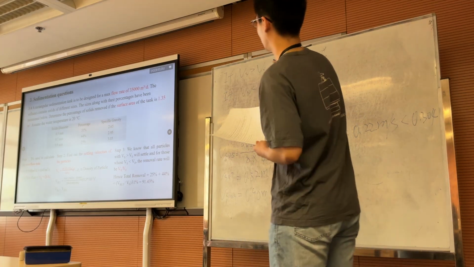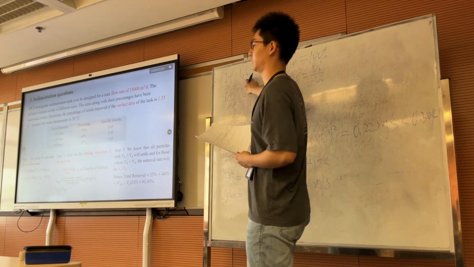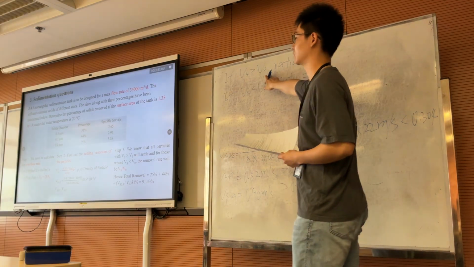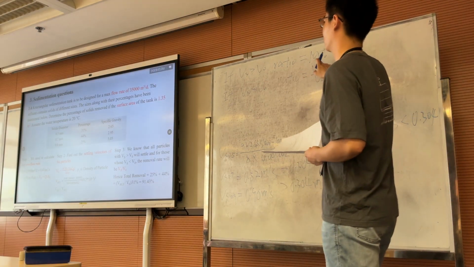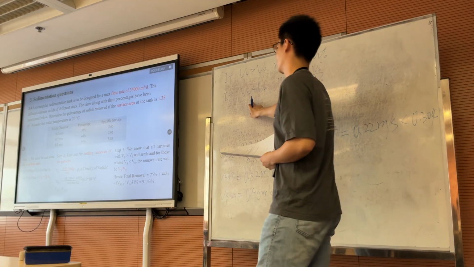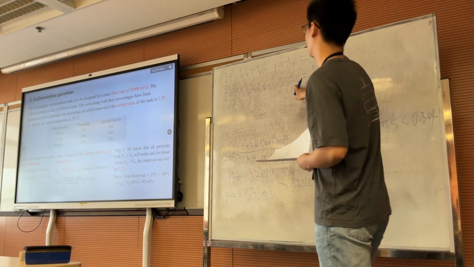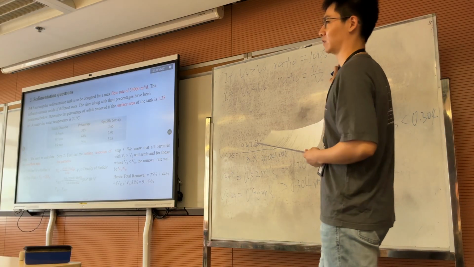We have two cases here. If the settling velocity is bigger than the overflow rate, then the removal ratio is 100%. And if the settling velocity is smaller than the overflow rate, then the removal ratio is Vs divided by Vo.